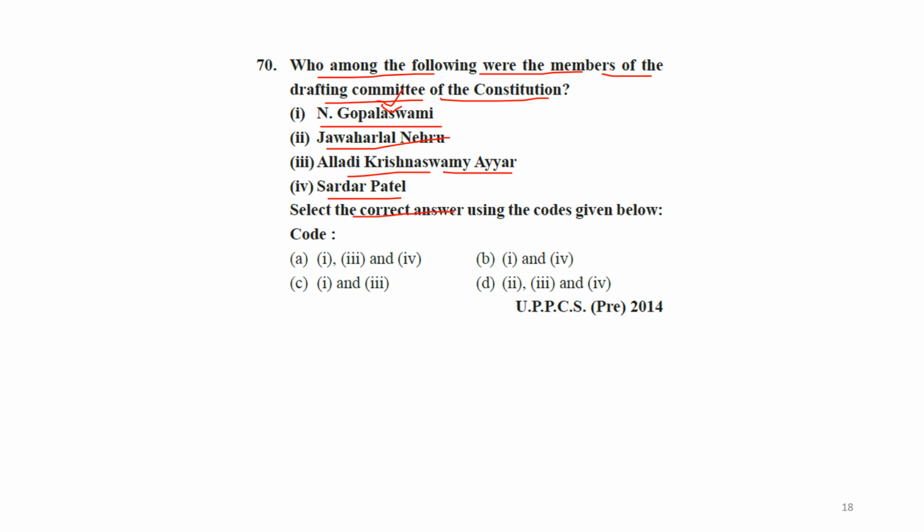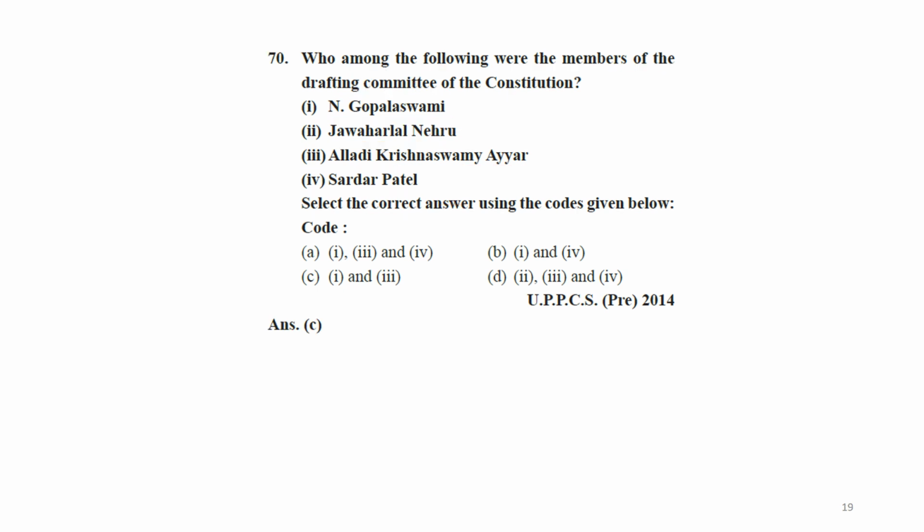N. Gopalaswamy and Alladi Krishnaswami Iyer were members of the drafting committee. Jawaharlal Nehru was not a member of the drafting committee. Sardar Vallabhbhai Patel was not a member of the drafting committee. So the answer is C.